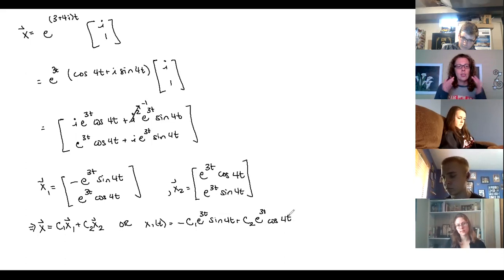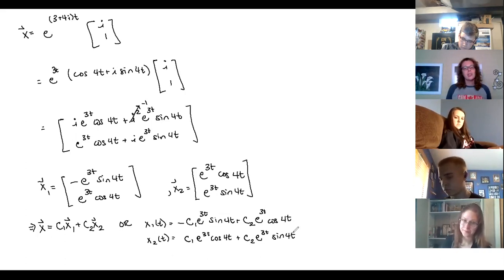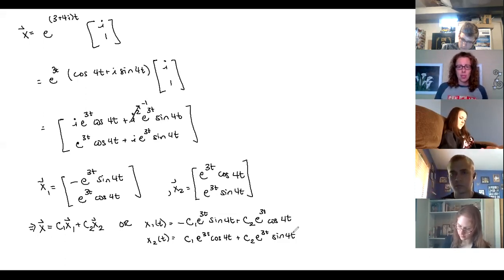Then I can also have my function x2 of t, c1 e to the 3t cosine 4t plus c2 e to the 3t sine 4t. So there's the two functions that are solutions if you want to write them out that way. And those are the same as the x1 and x2 that I had at the very beginning of this problem. Totally the same.